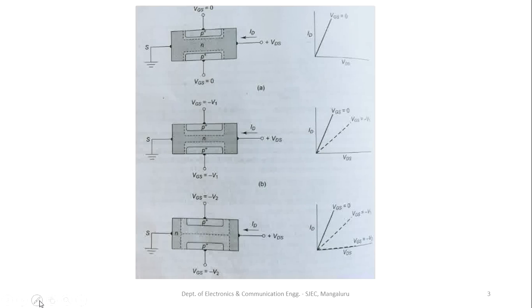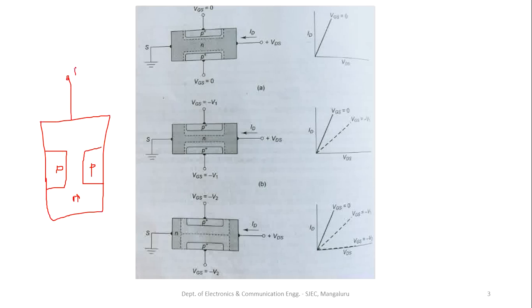Assume that the gate terminals are interconnected, and we have a transistor like this, with the P type material and the N type channel. Then we have the gate terminals here at the sides. Here we have the drain terminal, and then the source terminal. This is through a resistor.